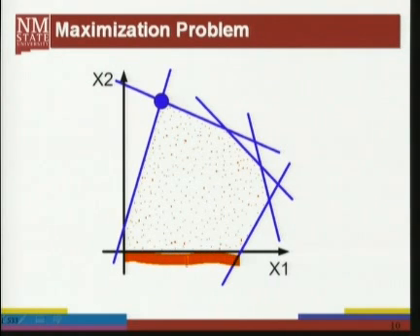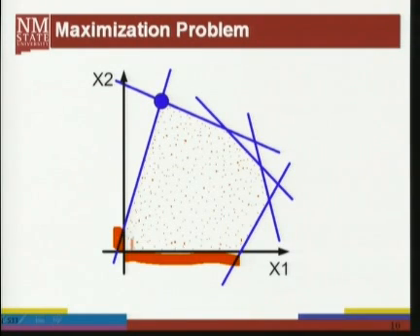Is that right? Whereas moving up the x2 axis increases the objective function value only this much. So you might say that moving up the x1 axis increases the objective function value at a faster rate than moving along the x2 axis. However, it doesn't mean that we will get the optimal solution faster.